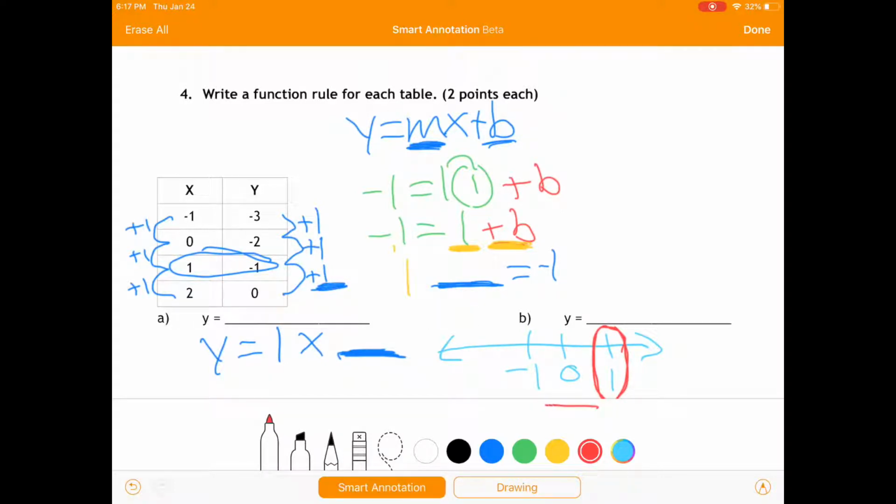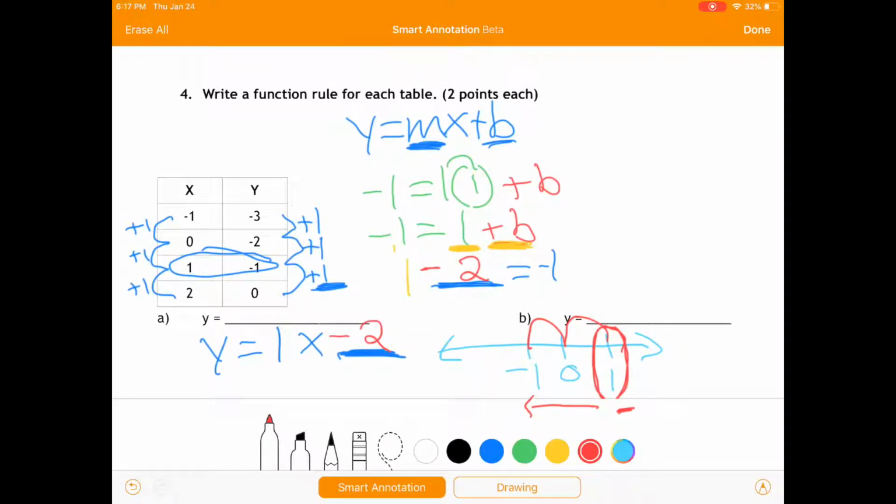I'm going to move to the left, so the operation is going to be subtraction. I move 1, 2, so I'm going to subtract 2 to get to negative 1. So our equation is going to be 1x minus 2.